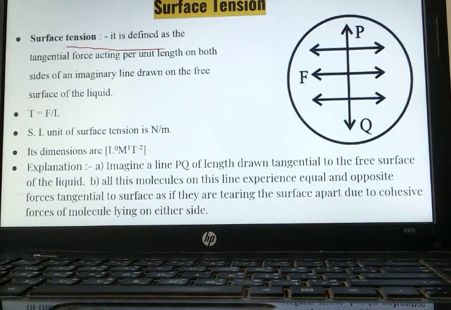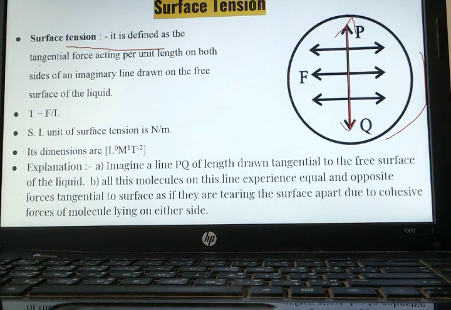Surface tension. Take for example, over here liquid is there, and we are imagining a line which is drawn. Whatever line is drawn over here, the particles on both sides will be in continuous tension, and there is a tangential force.